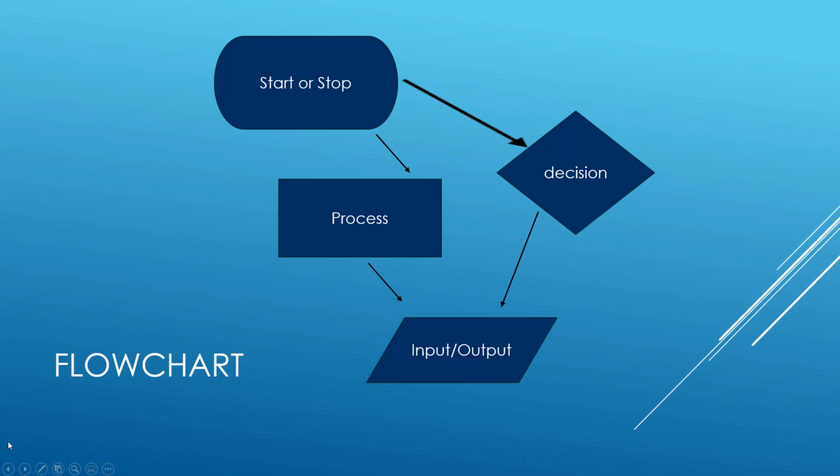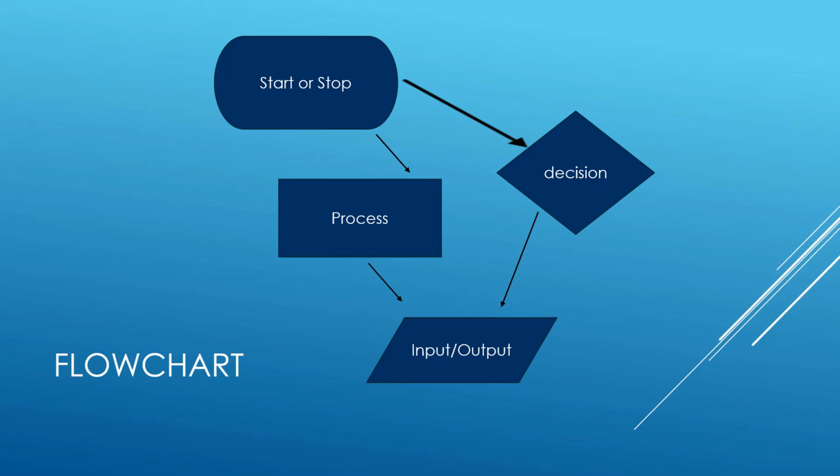With a flowchart, basically we use symbols. With an oval shape here, we have the start or the stop of the program. With the rectangle, this is a process. In a process, we could maybe do some math, but basically we're making some commands happen.